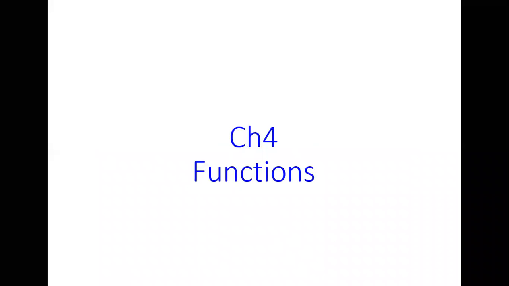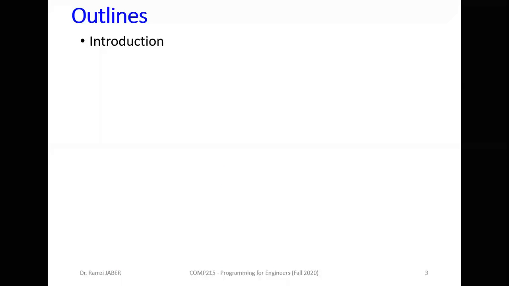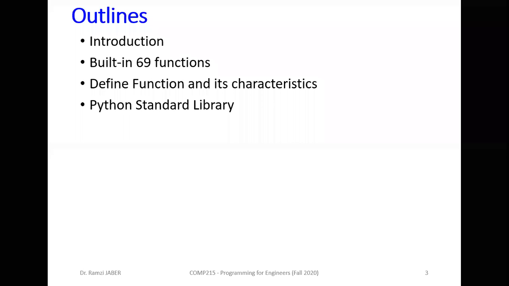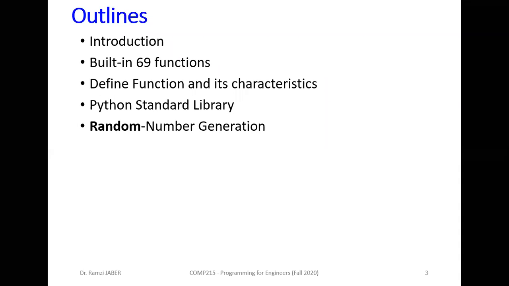Today we'll learn chapter 4, functions. We'll talk about the introduction, built-in 69 functions in Python, defining functions and their characteristics, and the Python standard library, random number generation, and some math module functions.